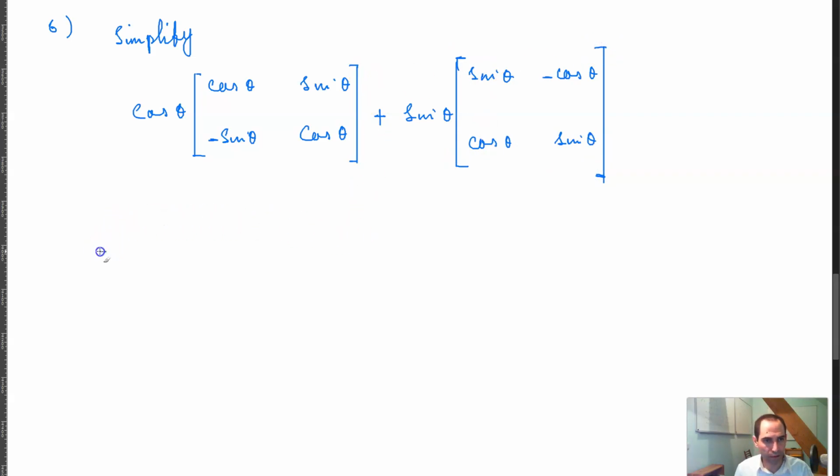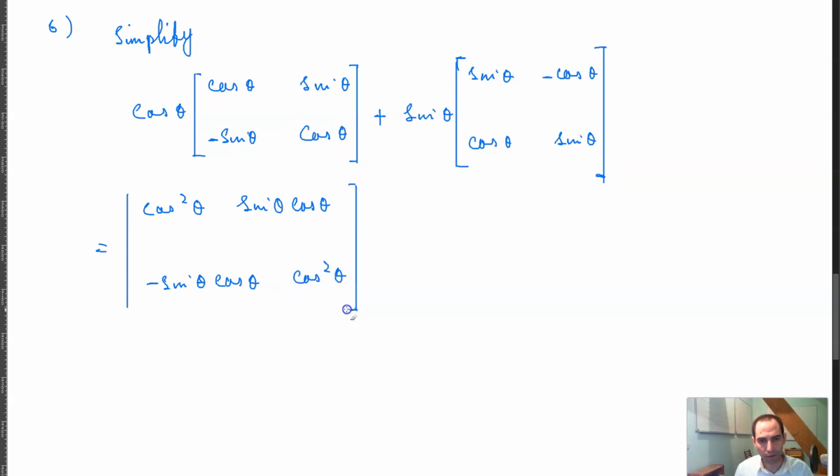Okay, so this is just scalar multiplication, so that is cos squared theta, sin theta cos theta, now this is negative sin theta cos theta, and this is cos squared theta.